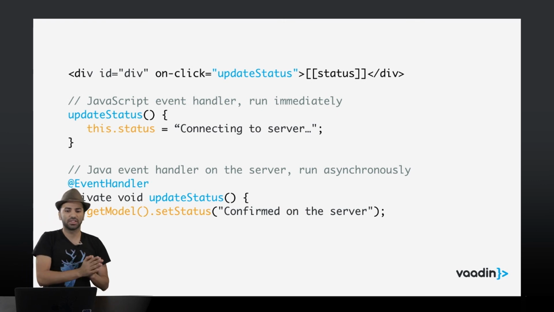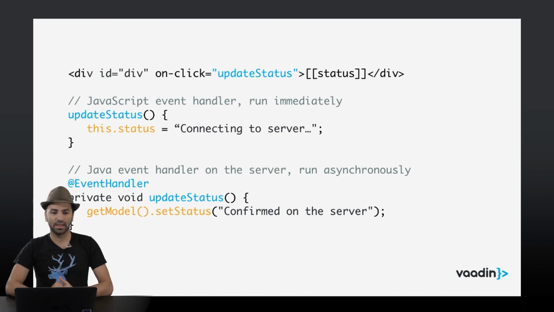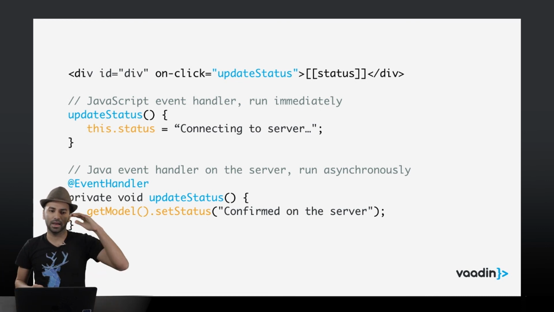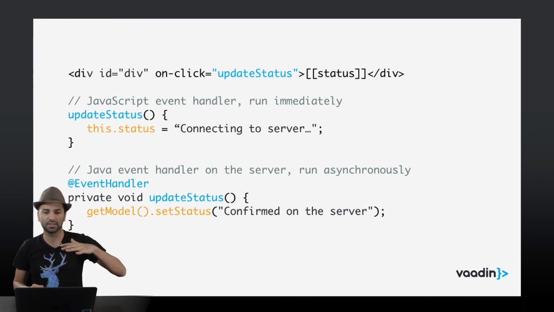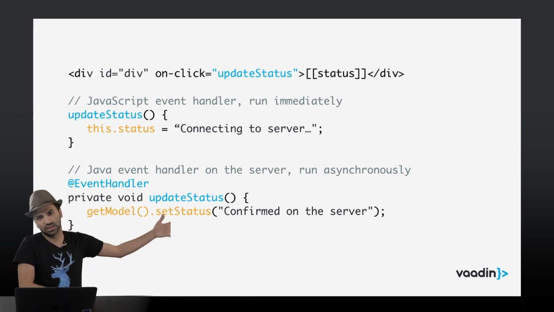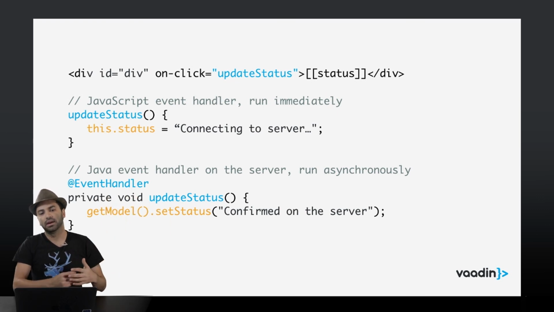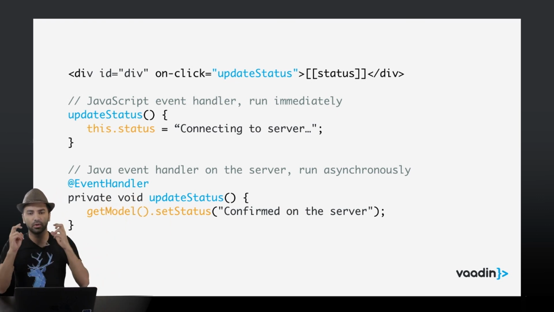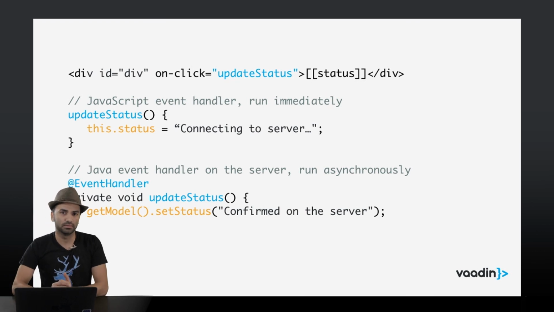Now, on the server side, I have the annotation @EventHandler that communicates with the update status and then goes to the server side, maybe makes some transaction on the database, and then returns back on the variable called status with something like confirmed on the server or something like that.